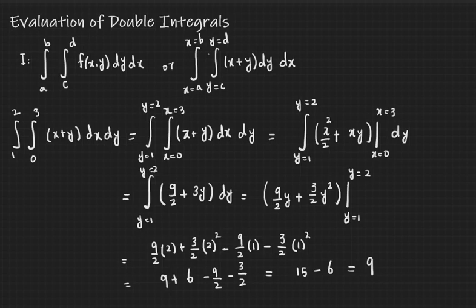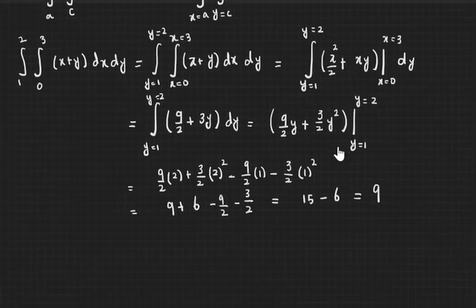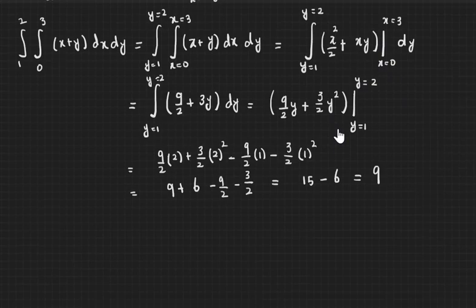One more thing which you can notice here is that you can switch the order of integration here. For example, you can integrate the function x plus y with respect to y first, taking the limits of integration of y, which are basically 1 to 2, then with respect to x, taking the limits of integration 0 to 3.